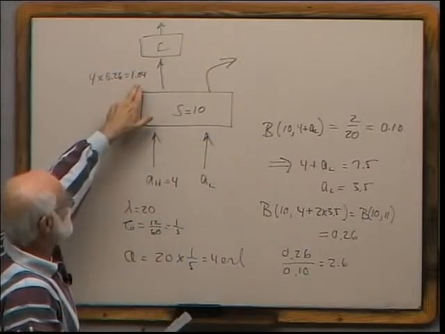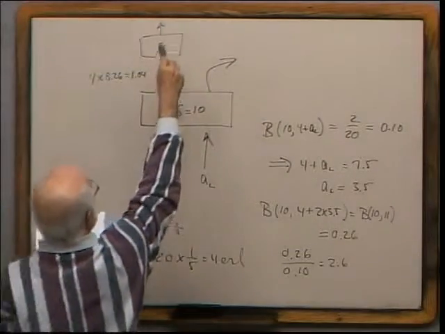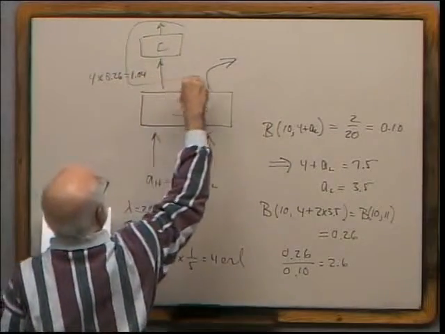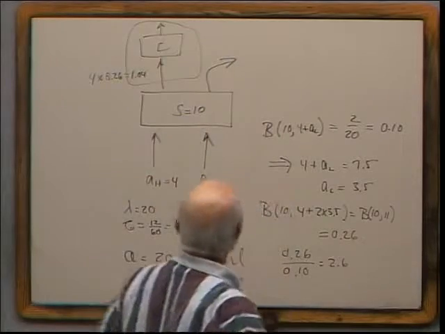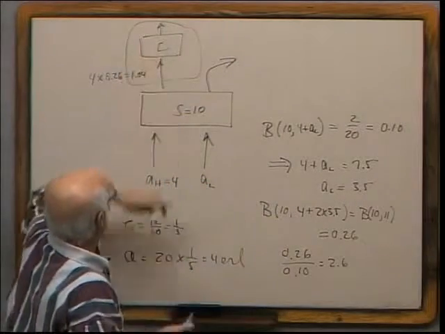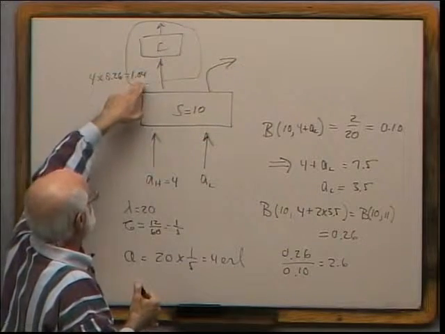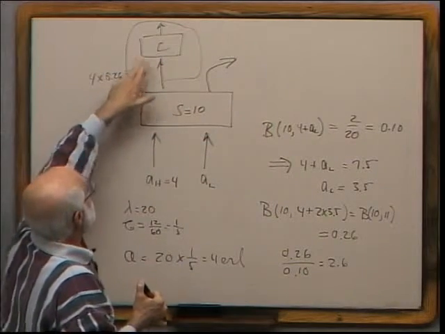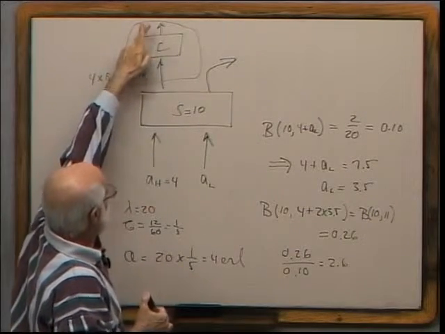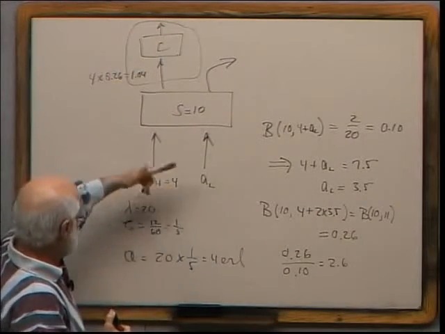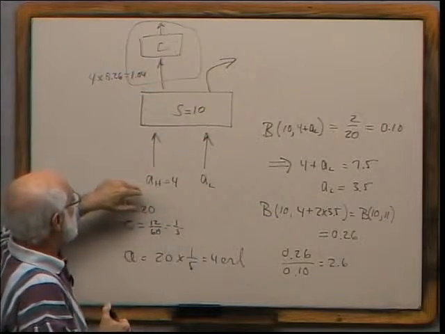Okay, so the question is, let's look at this guy right here and say, now what I'm going to do is I'm going to calculate the probability of blocking here by saying that I have an offered load of 1.4 Erlangs, and then figure out from that the number of Erlangs that I have over here, and then take the ratio of that to that in Erlangs, 4 Erlangs, and the result will be the probability of blocking overall for the high priority traffic.